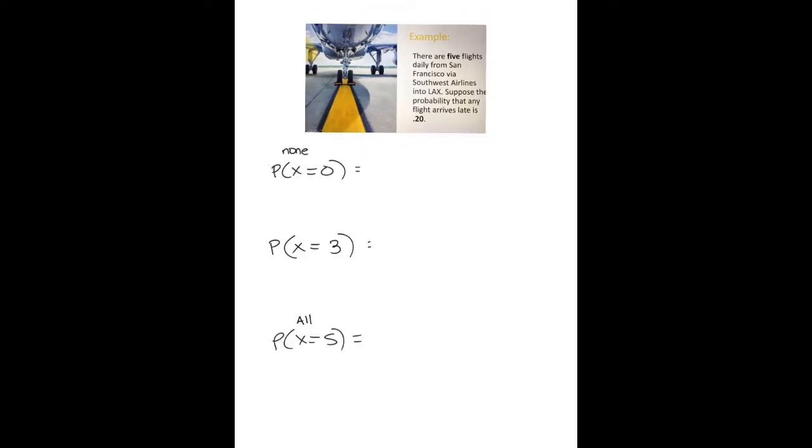So, example 1. There are 5 flights daily from San Francisco via Southwest Airlines into LAX. Suppose the probability that any flight arrives late is 0.2. In this case, we're going to use arriving late as our favorable outcome. So first, why are we using the binomial distribution in this case? Well, first off, we have an upper limit.